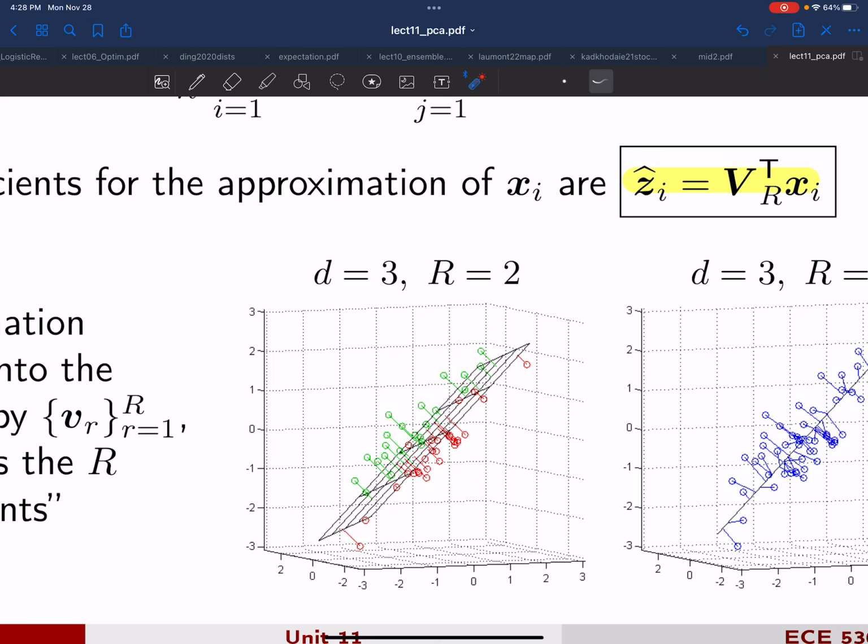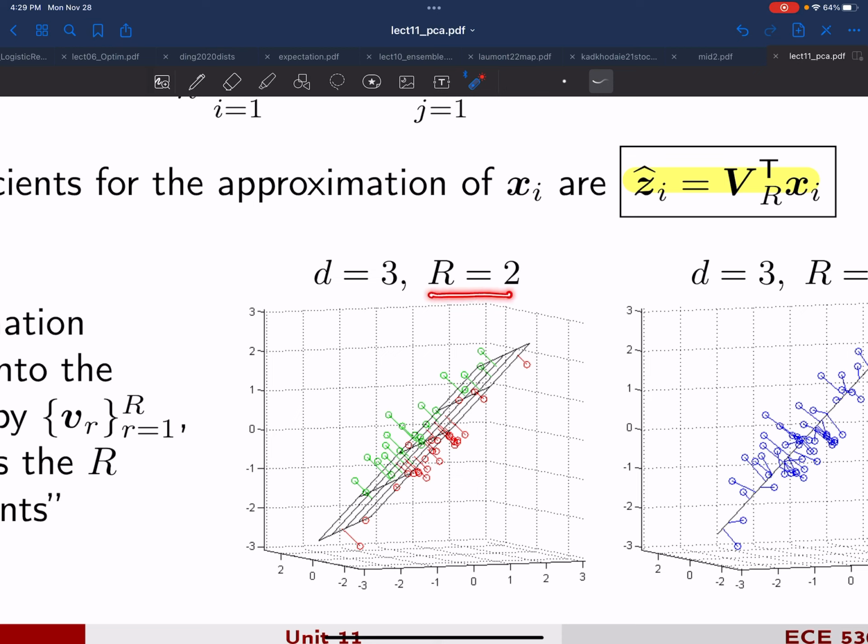So essentially what we're doing is we're finding the plane that best fits the data, in the sense that the distances from the data samples to the plane, the sum squared of those errors should be minimal. So that's essentially what we're doing.